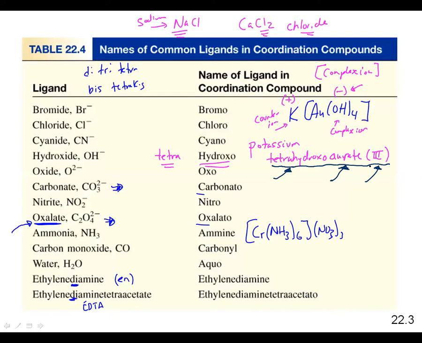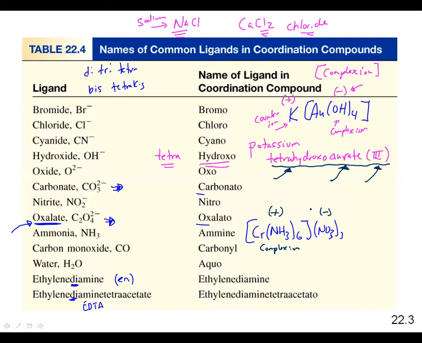So let's take a look at the difference if we look at the second one that we dealt with. Again, from the positioning here, we know that this is our complex ion. It's in the brackets. This is going to be our counter ion in this case. And since our complex ion comes first in the formula, we know that it is positively charged, and our counter ion comes second, which means it's negatively charged.